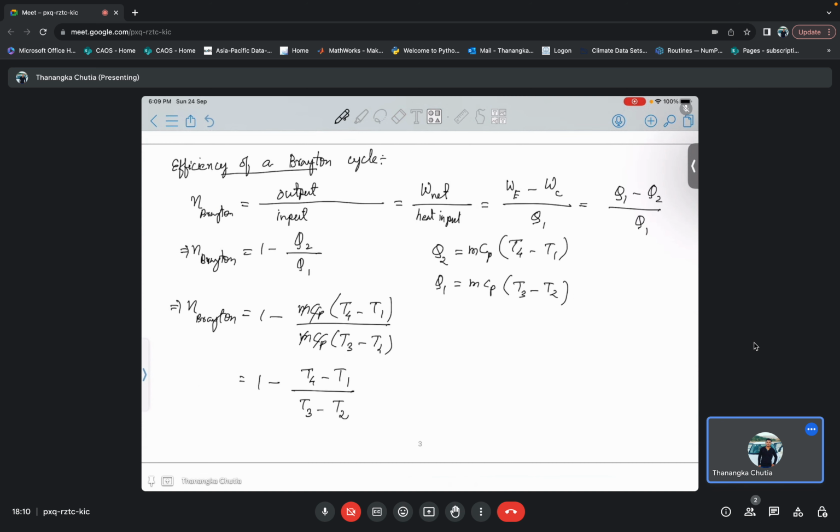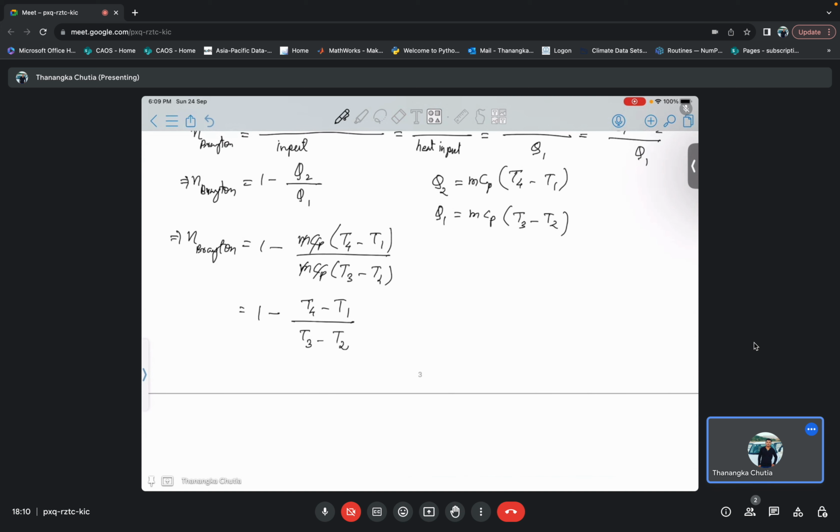Now what I can write: T2 by T1 is equal to (P2 by P1) to the power (gamma minus 1) by gamma. Yes or no? Because this is a reversible adiabatic process.